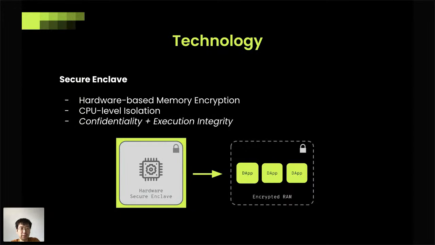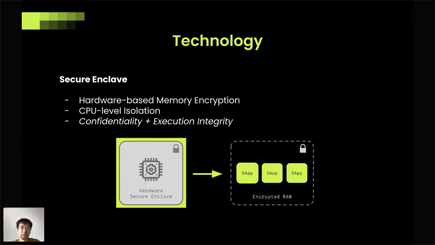And another part is the execution integrity. This means your code cannot be interfered with. Even if a malicious attacker has physical access to the machine, they cannot change your code, and they cannot interfere with the execution.